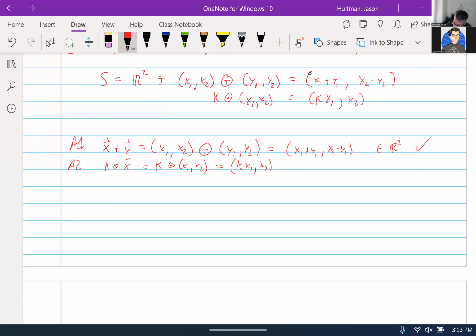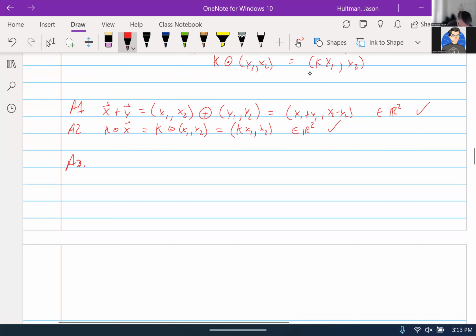And is that still an element of R2? Yes, two components in that vector. And so we check that. A3, we get into a little bit of trouble. If we take x plus y, we want to know, is that the same as y plus x? And we're going to see that it isn't. And so it fails right there.